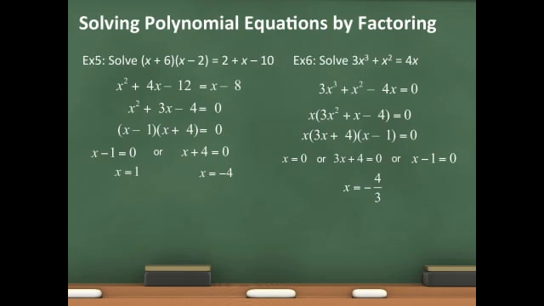We subtract 4 from both sides of the equation and divide by 3. This gives us x equals negative 4/3. For the last equation, x minus 1 equals 0, we add 1 to both sides of the equation to obtain x equals 1. Therefore, we have 3 solutions: x equals 0, x equals negative 4/3, and x equals 1.